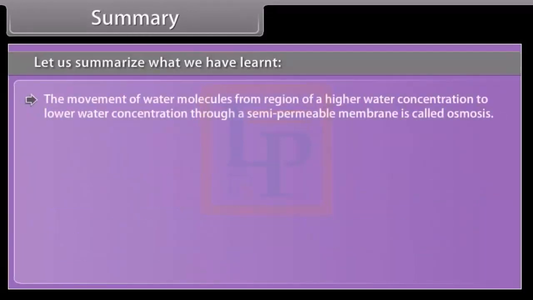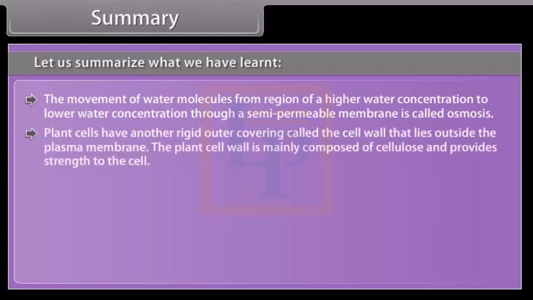The movement of water molecules from a region of higher water concentration to lower water concentration through a semi-permeable membrane is called osmosis.